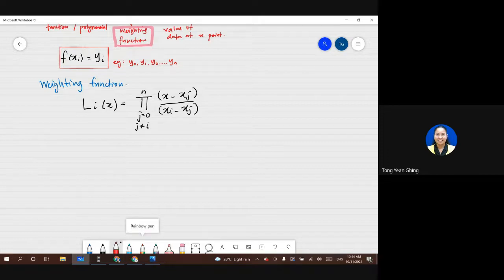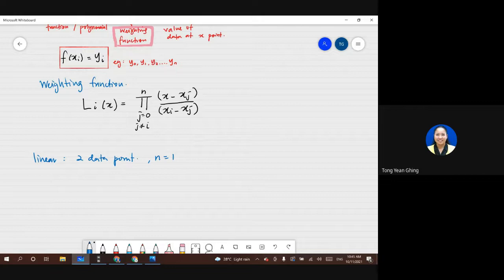So let's say this is linear. That means we have two data points, right? So that means n is equal to 1.